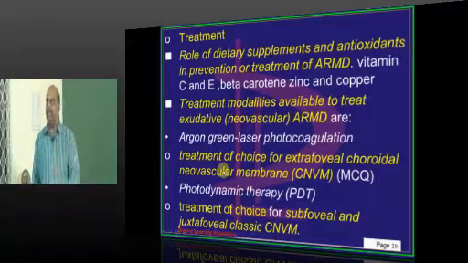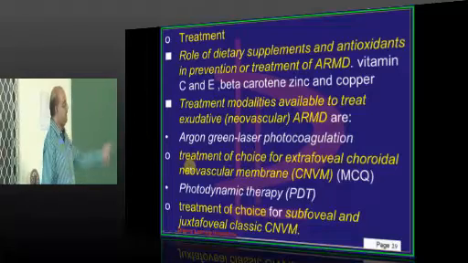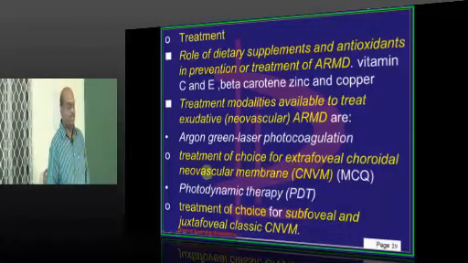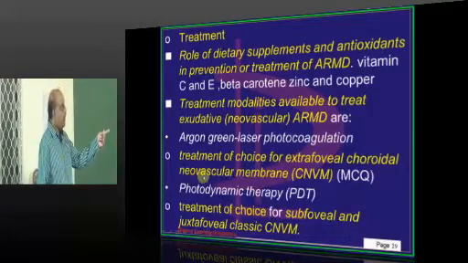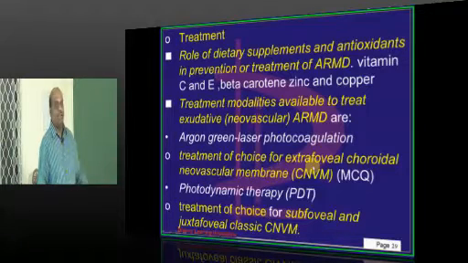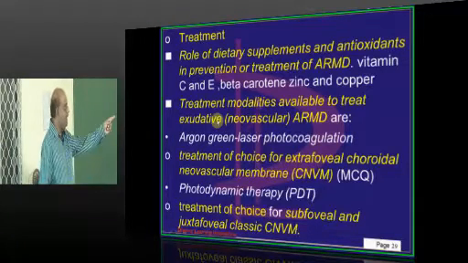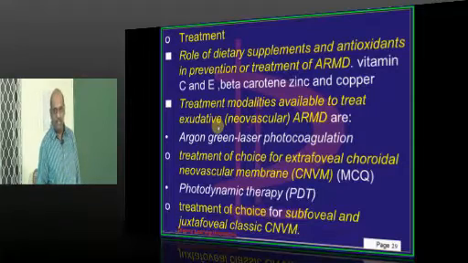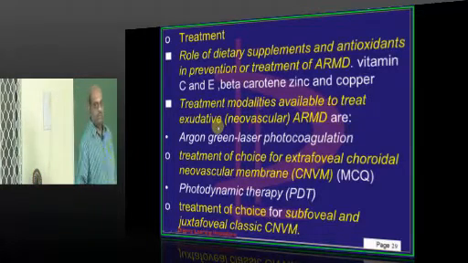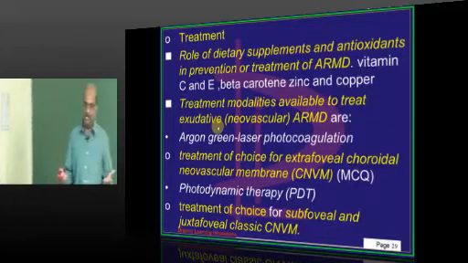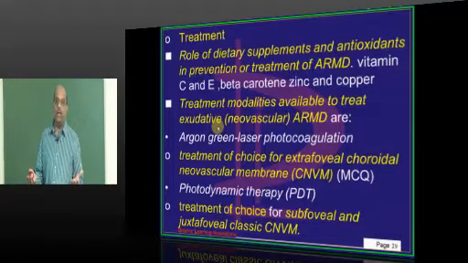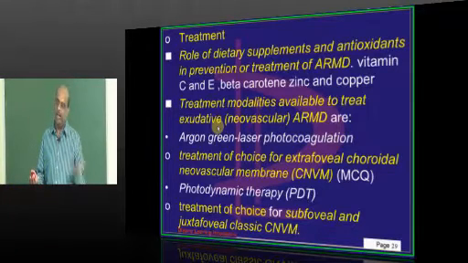Argon green laser photocoagulation is the treatment of choice if there is any choroidal neovascular membrane in the extrafoveal location. See, it is a macular degeneration. In the macula you have a lot of things: fovea, parafoveal area.